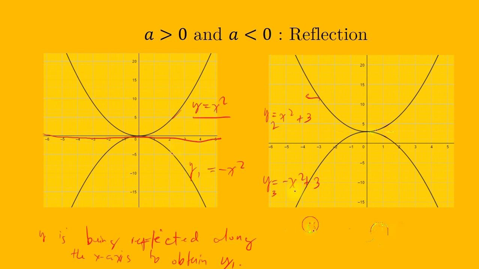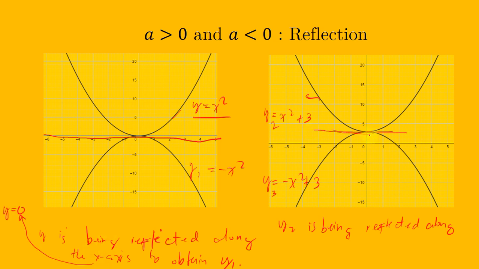Because for the x-axis, you can also say the equation is y equals 0. So aside from saying along the x-axis, we can also say y is being reflected along y equals 0 to obtain y sub 1. So if this is y equals 0, what is this then?